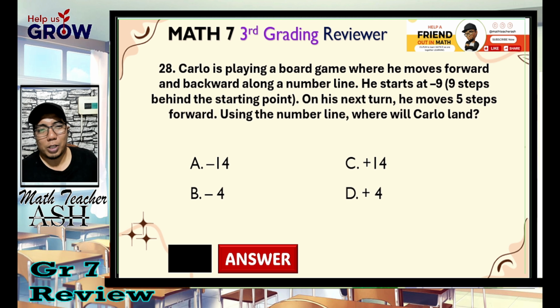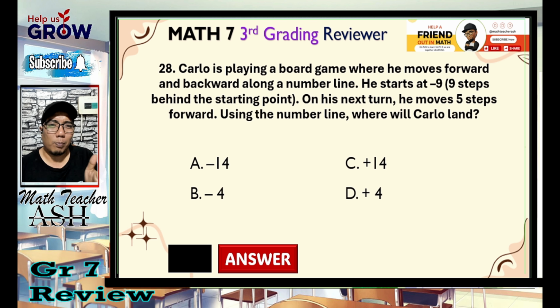Okay, my dear math learners. Now, if you are at the starting point of 0, then you start by going 9 steps behind the starting point. That is behind, so that would be negative. So you will be landing at negative 9. From that negative 9, your next turn would be moving forward, which means going to the positive side.